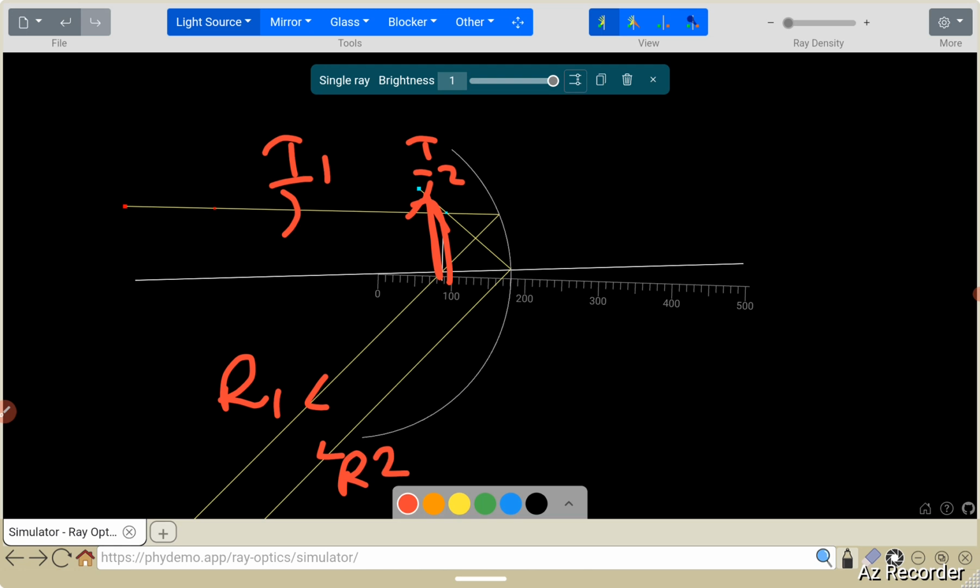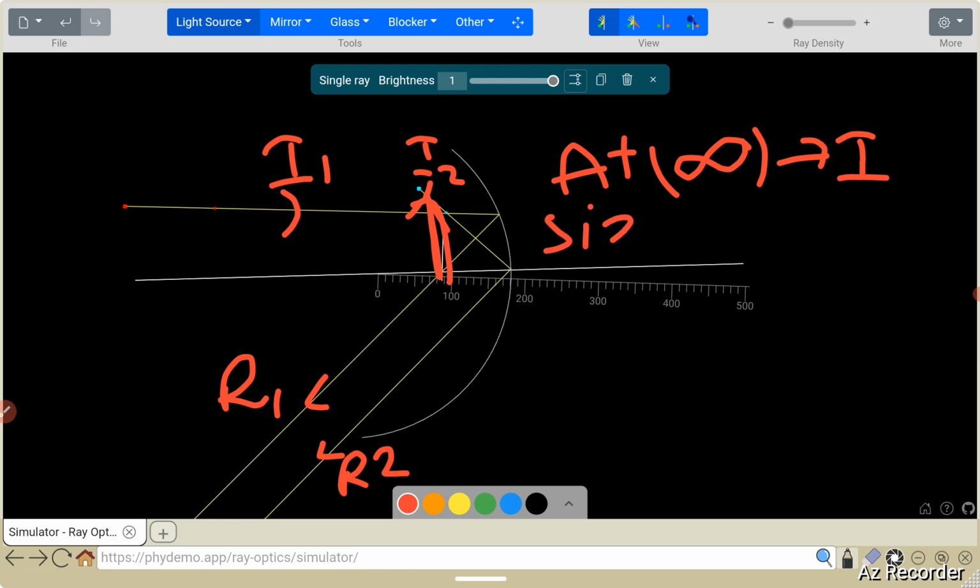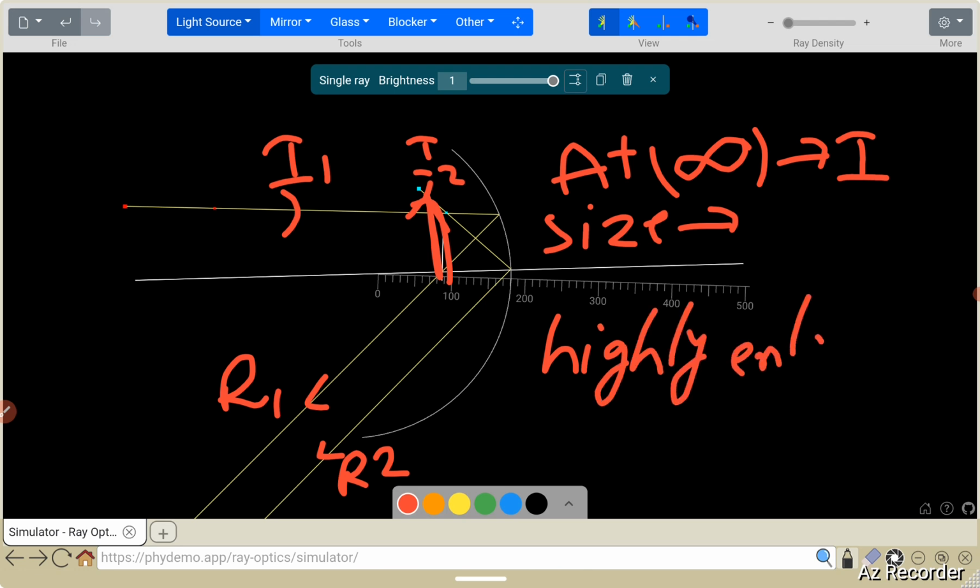That's why we are taking them that they meet at infinity. So at infinity we have the image formed. Understood? Whenever the image is formed at infinity, what will be its size? Infinity means very big. Correct? So the size will be highly enlarged or highly magnified.